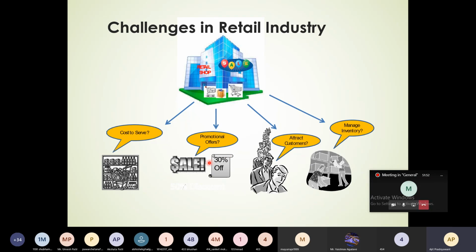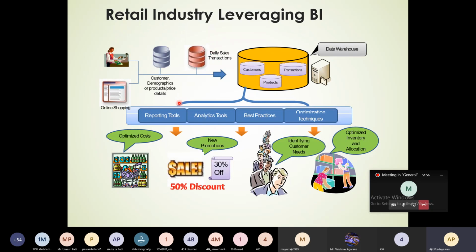By leveraging BI in the retail industry, online shopping, customer demographics, and product price details will be stored in the data. All the data is present in the data warehouse: customers, products, and transactions. Then there are reporting tools, analytical tools, best practices, and optimization sections.